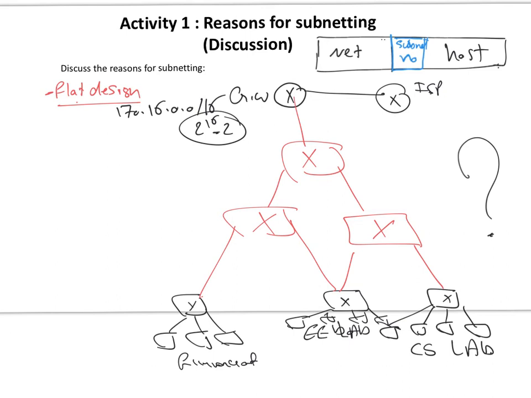Typically, okay? So if I select this flat design, then essentially I can use this range of IP addresses as one unit, which means I can have 2 to the power 16 minus 2 hosts. It's one big, huge LAN, okay?